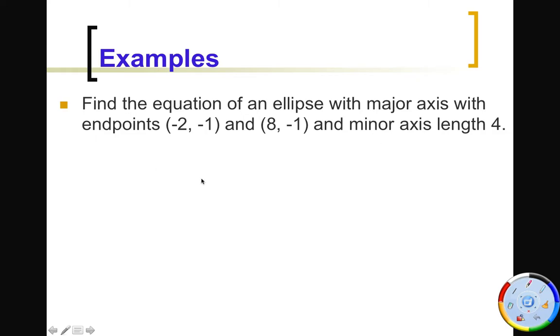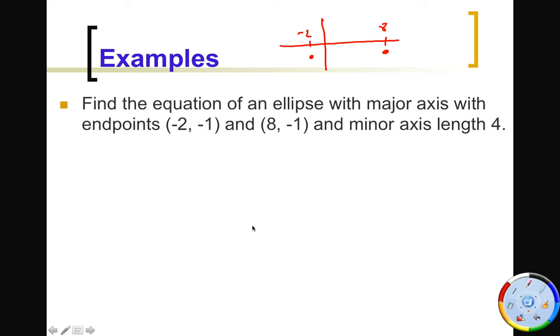So again, the same thing I did with parabolas is I like to just graph it. At -2, -1, I have a vertex, right? Because it's major axis endpoints. And at 8, -1, I have another vertex.